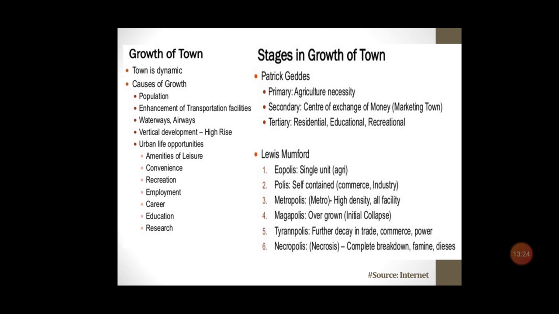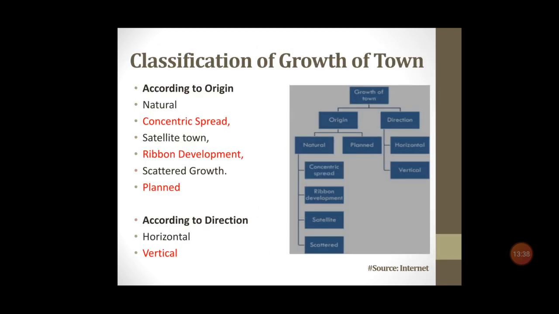Various stages are there. Primary means agricultural necessity, secondary means center of exchange of money, marketing towns, and the tertiary is the residential, educational, and recreational. So these are the stages in the growth of the town. Classification of growth of town. According to the origin, the classification can be natural, concentric spread, satellite town, ribbon development, scattered growth, planned.